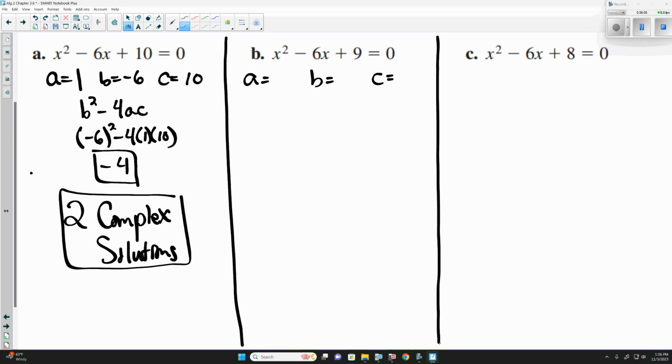Let's look at the next one. Well, a is 1, b is still negative 6, but c in this case is 9. b squared minus 4ac, we're going to plug in negative 6 again, 1 in, and this time 9.